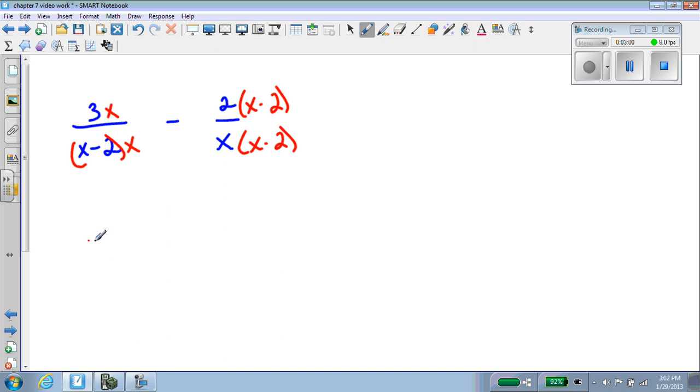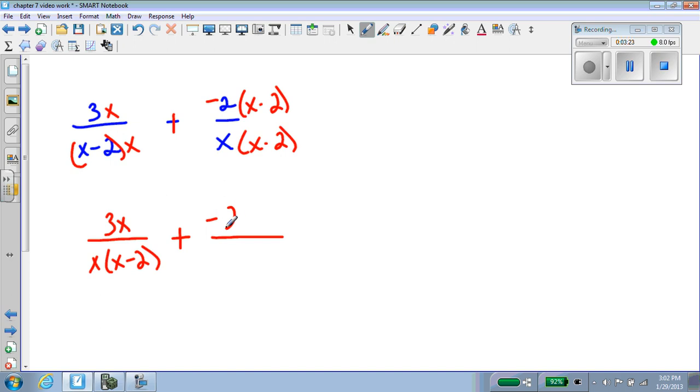Then I'm going to get 3x over x minus 2, and you can multiply it out or not. I usually don't. Minus, now I'm going to actually change this. I'm going to make this plus, so that I remember to run the negative with the 2.